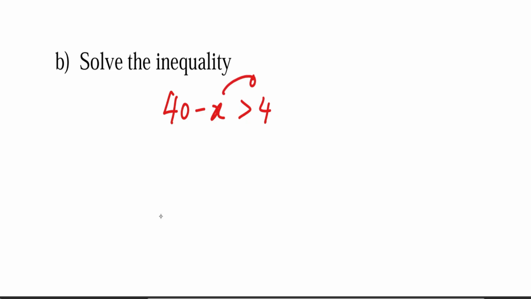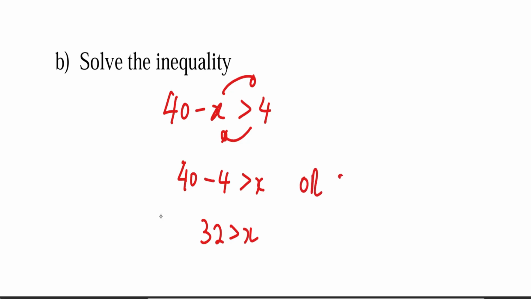Put the x to the other side, and put this to the other side. So 40 minus 4 is greater than x. So this is 32 greater than x, or you can say x is less than 32.